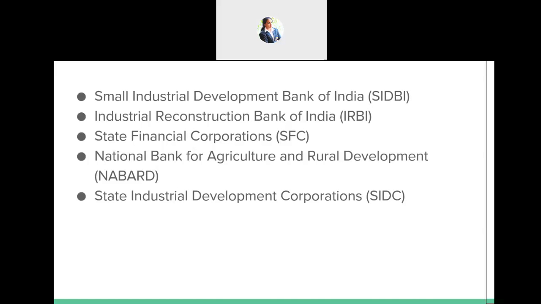The main function of SIDBI, as we said, is to promote small scale industries in semi-urban areas to create more employment opportunities. It also functions to undertake technological upgradation and modernization of existing small scale industries.